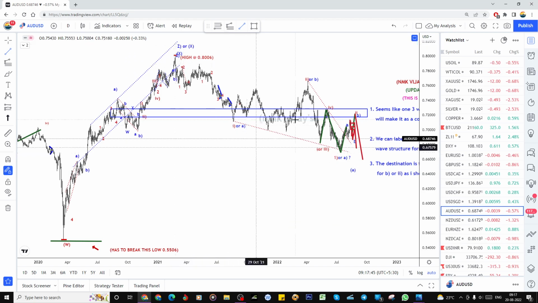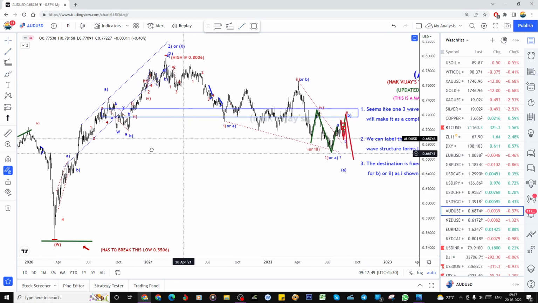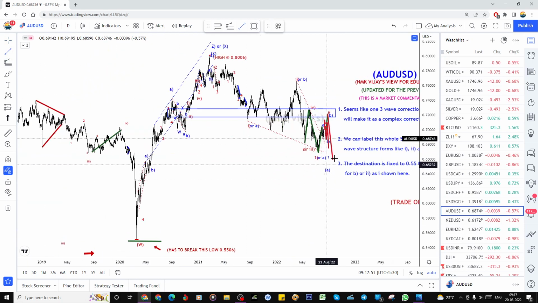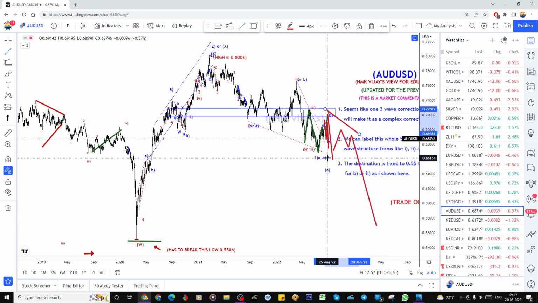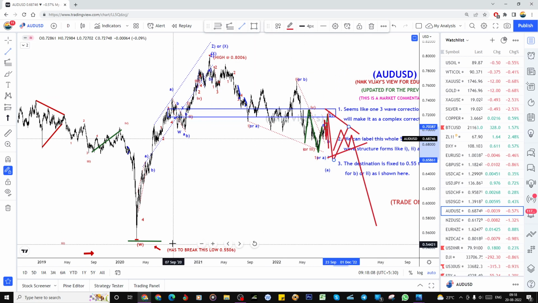Then this is the 1, 2, 3, 4, 5 wave structure, and this could be the triangle. Once the triangle has completed like this, I'm expecting this one. This could be the triangle, or a running flat, or a running triangle. But I'm looking only for the downtrend to break this low.